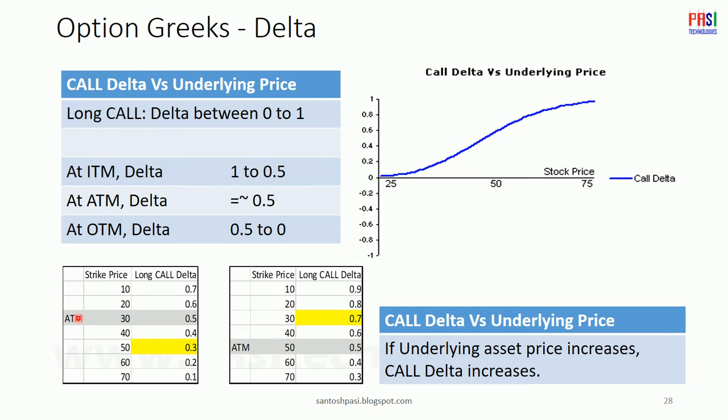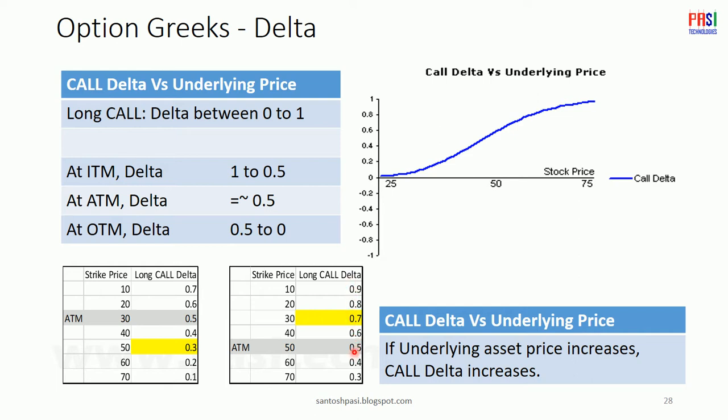At 30 rupees, this is my ATM, so my delta has to be half, and in the money is at the top, so it will go towards 1. Out of the money is at the lower section, so that will go towards 0. Now the same symbol after a few weeks is trading at 50 rupees. So 50 rupees is my new ATM. In this case my delta would be half, and as we move up towards in the money, it will go towards 1.